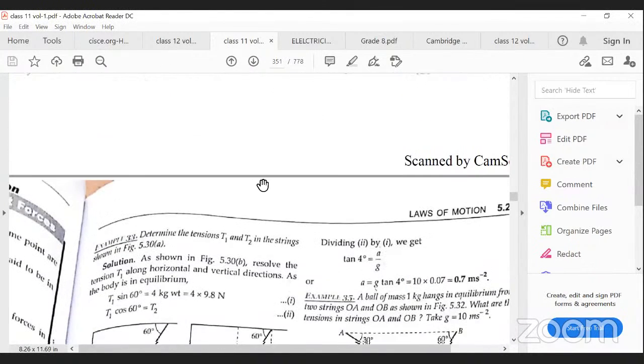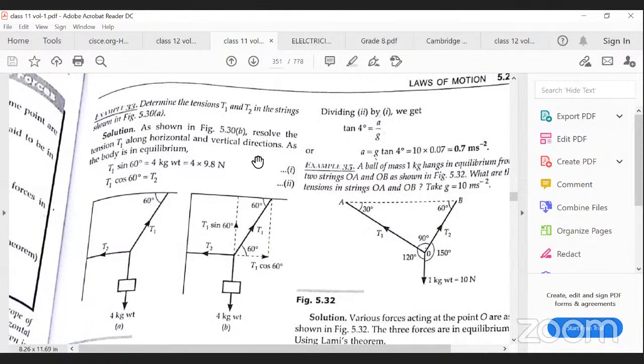Okay, solve this one. 33. Just go through the relations. Right, 33.